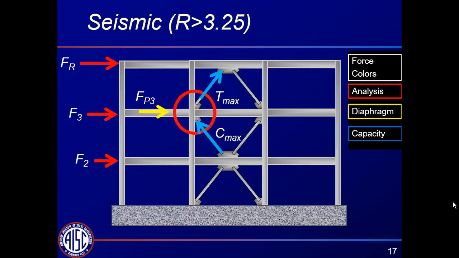Then for our higher R systems, the AISC seismic provisions tell us that these brace connections have to be designed for the capacity of the system, whether it be the capacity of the brace or the capacity of a link in an eccentrically braced frame. So again, we need to reconcile here three sets of forces: the capacity design forces, the F sub P forces, and perhaps the analysis forces.